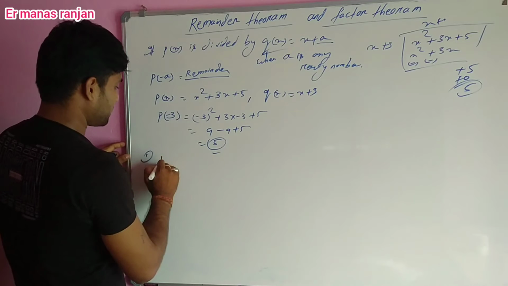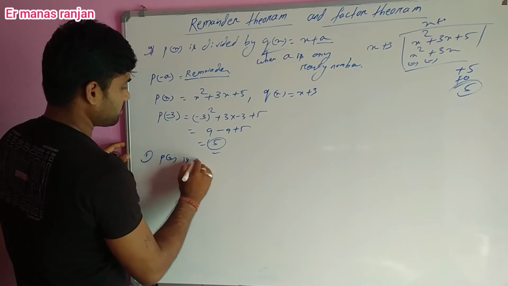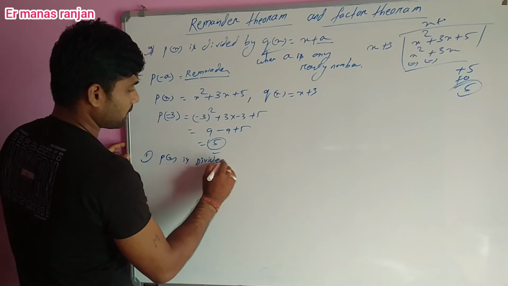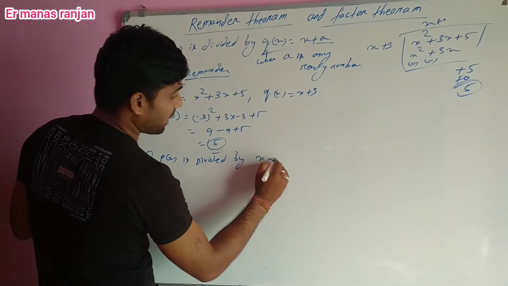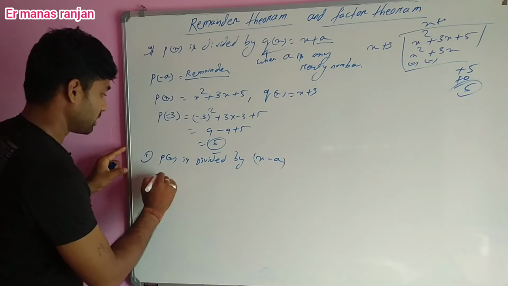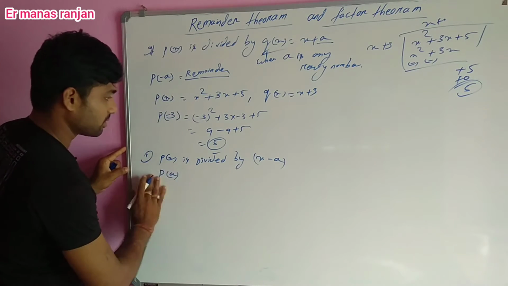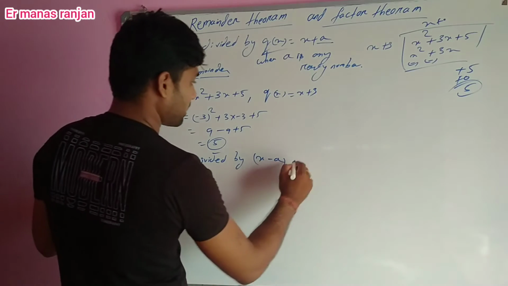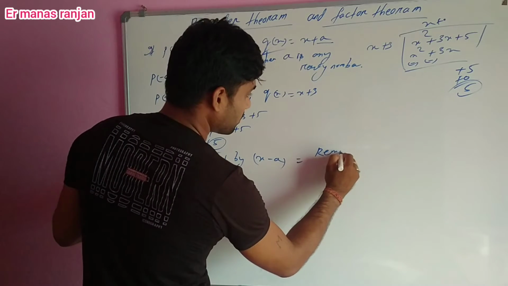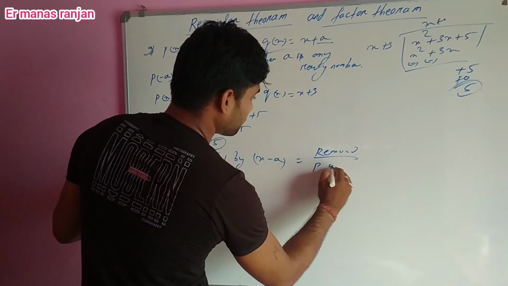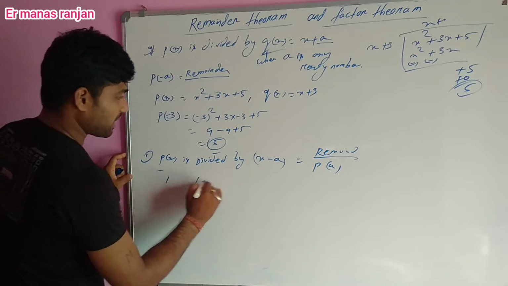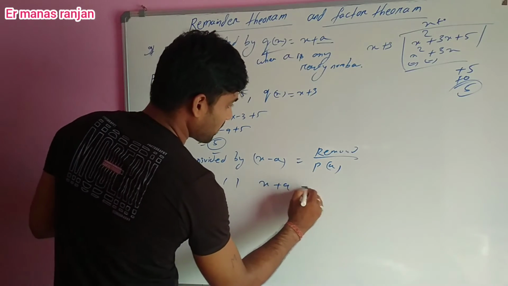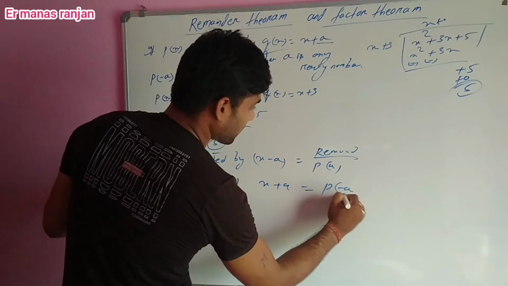Similarly, if P of x is divided by x minus a, then P of a is the remainder. If P of x is divided by x plus a, the remainder is P of minus a.